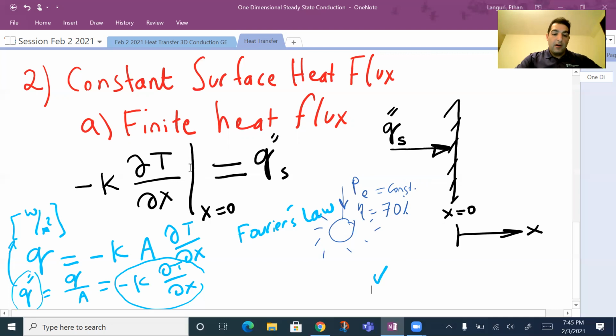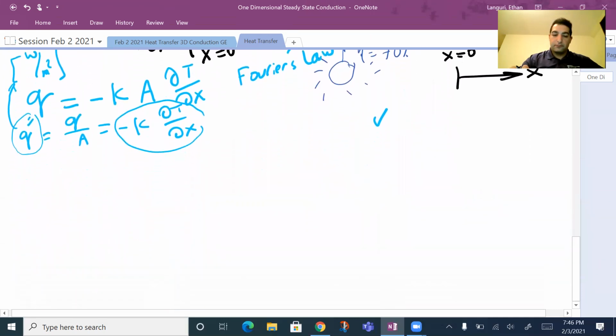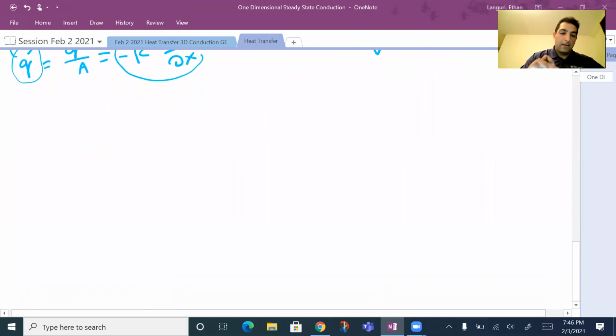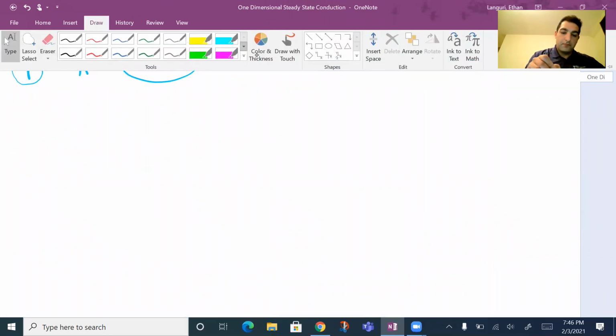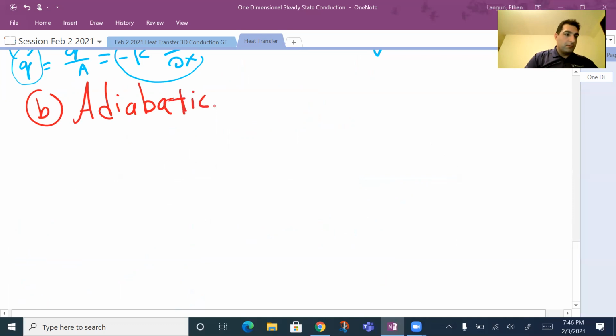Part B of this boundary condition, where we have adiabatic, another name for adiabatic is insulated surface.